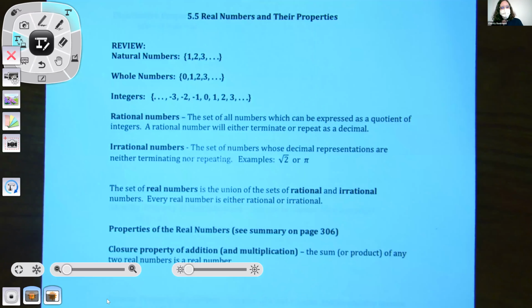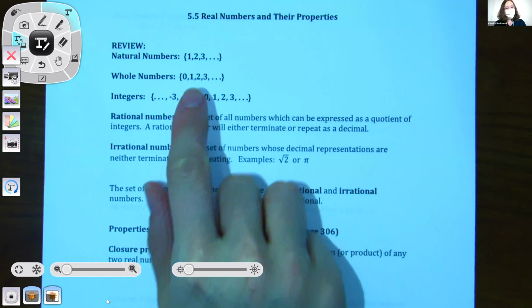All right, 5.5 is about real numbers. Again, we've talked about some of these things before. Natural numbers are your counting numbers, 1, 2, 3, 4, 5, etc. Whole numbers is basically the same thing, except it also includes 0.